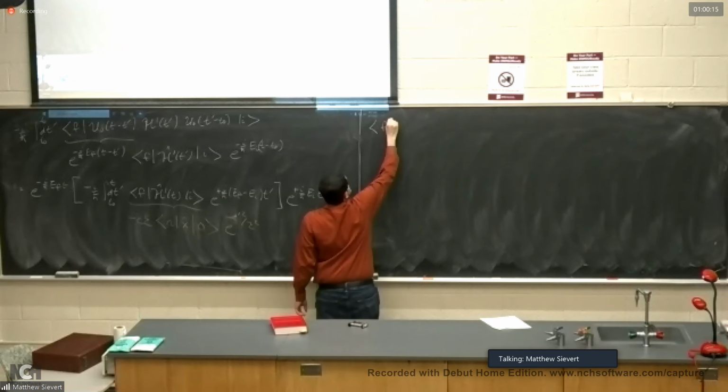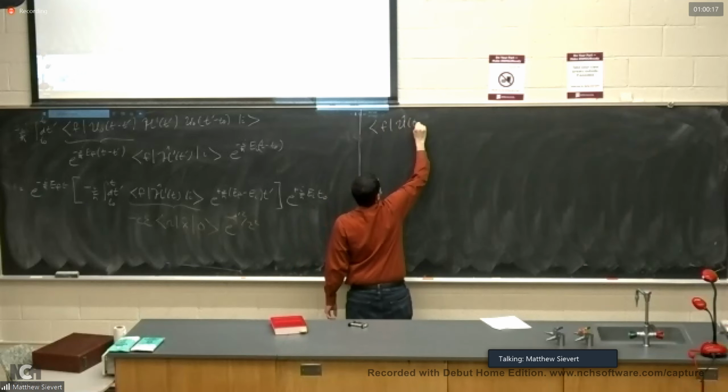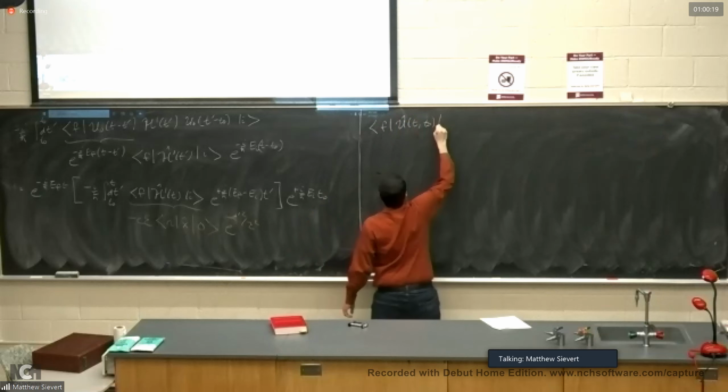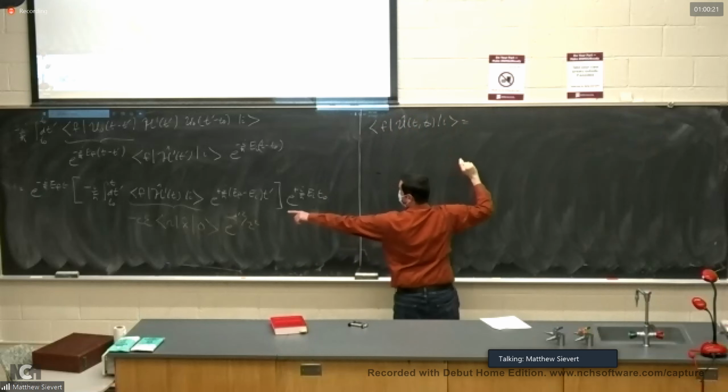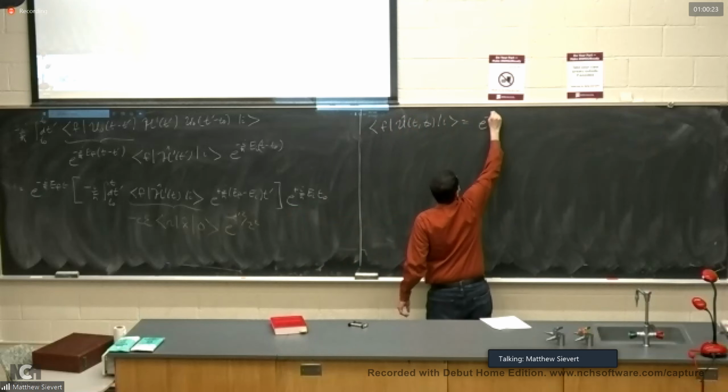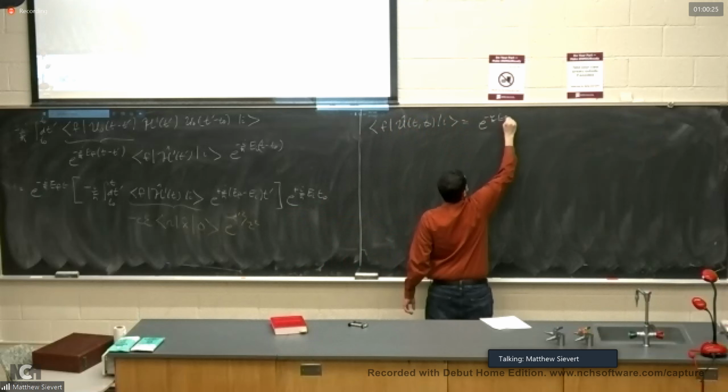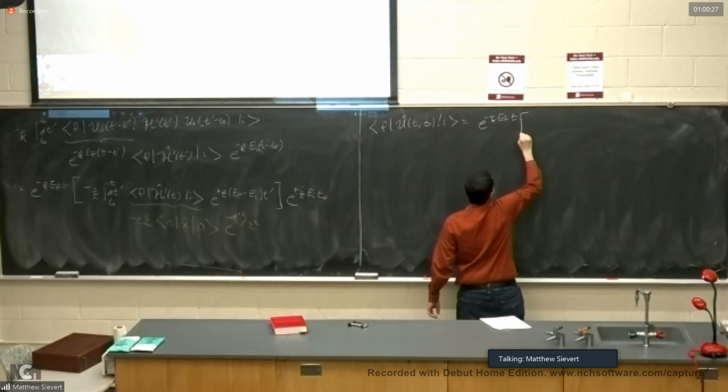So what we have is the final state, dressed propagator to t from t naught, initial state equals, I have a factor e to the minus i over h bar, E final times time, in front of everything.